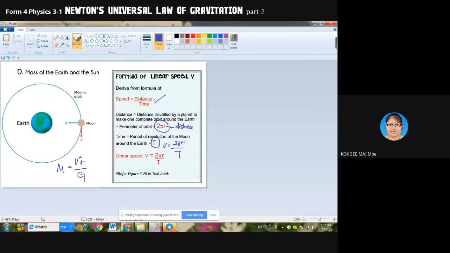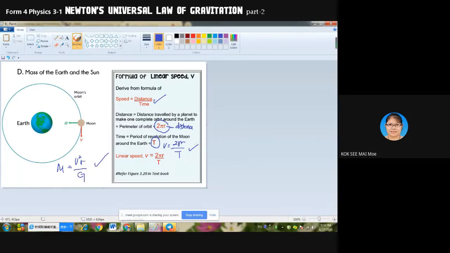Because in some situations they want you to count the mass of the Earth and they give you the speed. If they give you the speed, you just apply this formula. If the question gives you the period of oscillation and never gives you velocity, just the period, then when they give you the period and radius, you need to count by this formula.